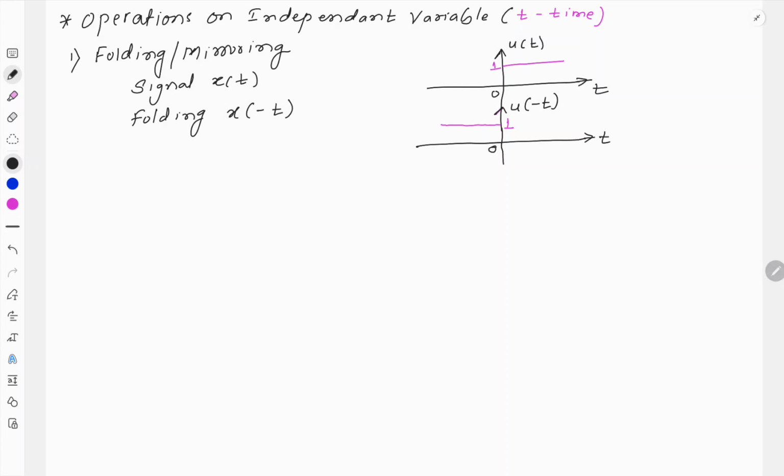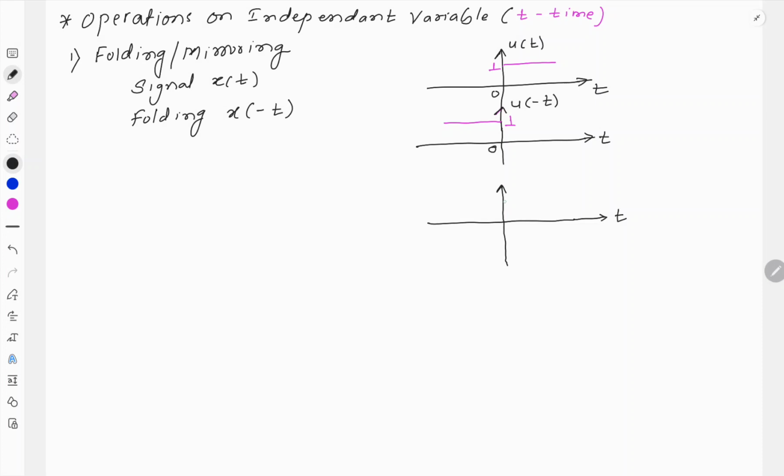Now let us see one more example. So let's take a modified version of this, or instead of a unit step, we'll take some random signal now.